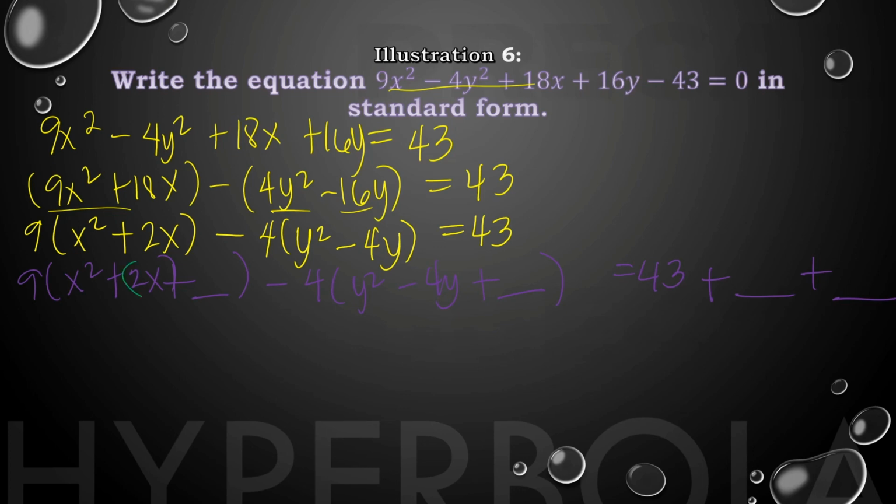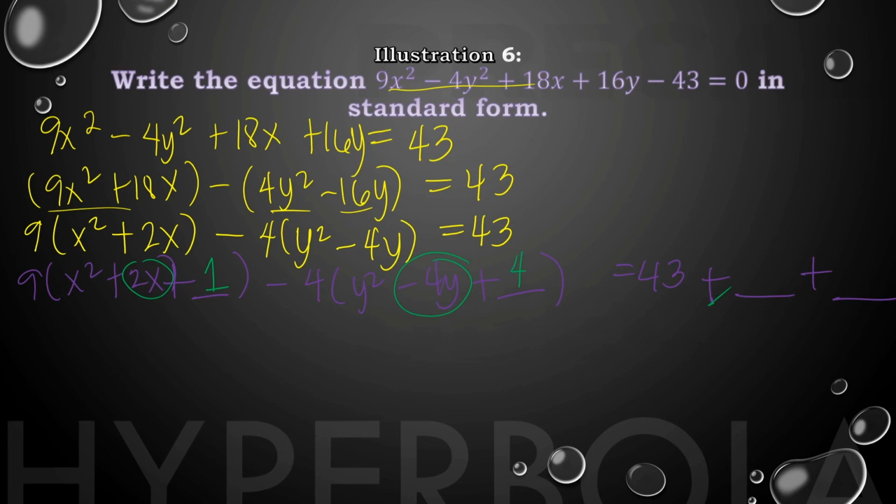So, 2 is the coefficient ng middle term. Divide natin by 2, equal to 1, and then 1 squared is equal to 1. And then dito sa y squared, yung middle term is negative 4y, yung coefficient niya is negative 4. Divide natin by 2, magiging negative 2, and then negative 2 squared is positive 4.